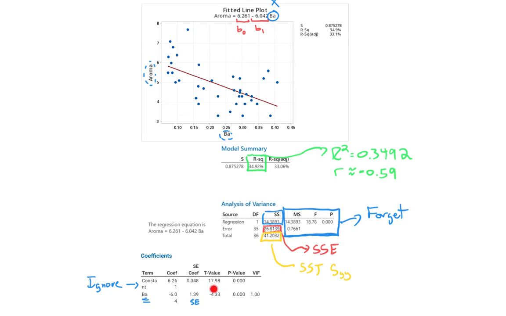And it calculates our t-value for us. It gives us a t-value of negative 4.33. And it also gives us our p-value. So we can use this to help us determine if there is evidence that there is indeed a linear relationship between the variables. So let's say in our hypothesis test on the last slide, our alpha was 0.01. So our p-value of 0.000, so it's really, really small, is less than 0.01.